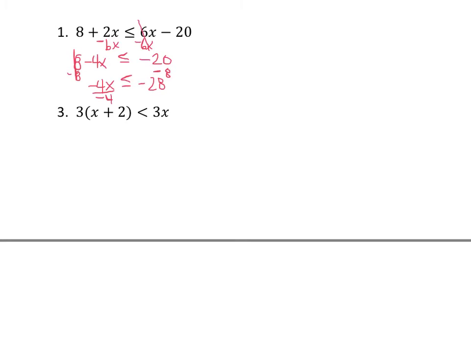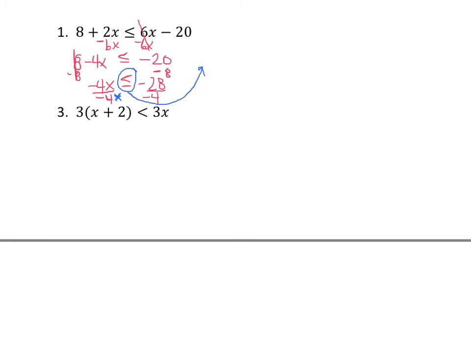Now, very important, anytime you multiply or divide by a negative, only then will you switch this sign. So right now it's a less than or equal to, but because I had to divide by this negative 4, I need to now switch this and make it go the other way.